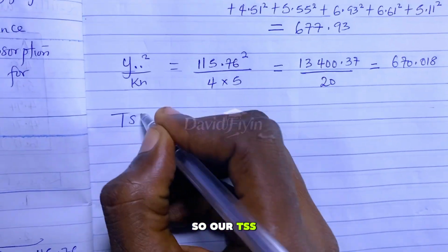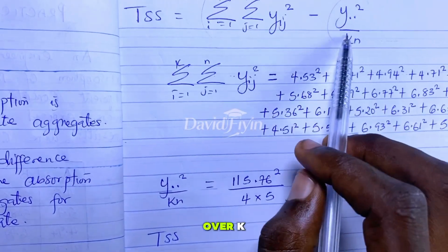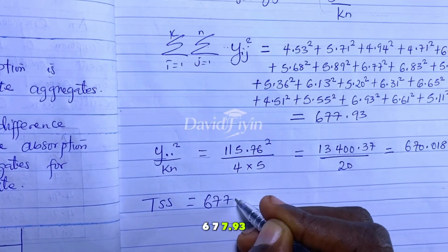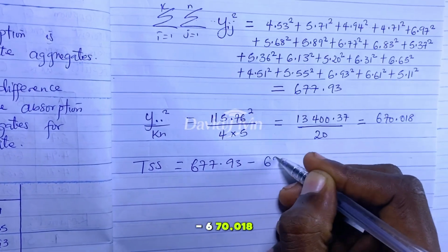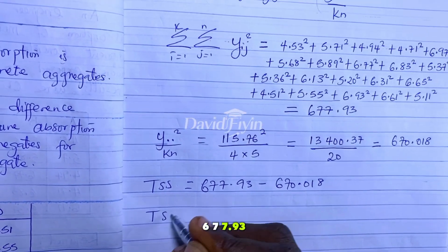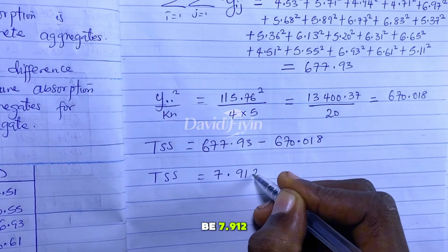So our TSS, which is summation yij squared minus y dot dot squared over kn, is now going to be 677.93 minus 670.018. So therefore, our TSS is going to be 7.9.